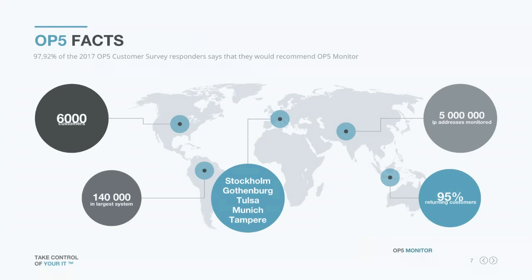We have a high renewal rate. This means that 95% of our customers are returning customers, which by industry standards is a very high number, which we are very proud of. We have offices in Stockholm, Gothenburg, Tulsa, and Munich, but also recently opened up an office in Tampere, Finland.